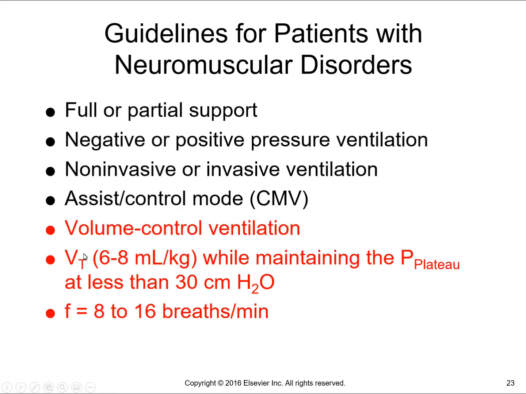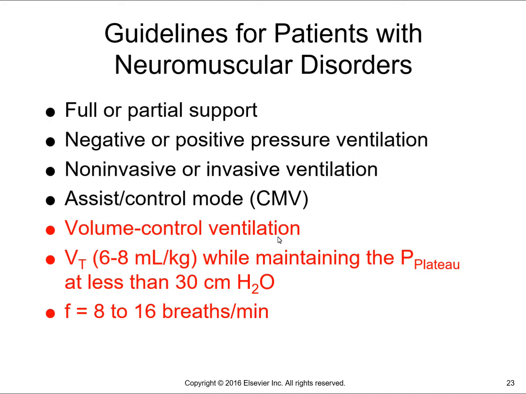Right? So we want volume control. Why? Because with neurological diseases, there's nothing wrong with the lungs. It's just the neurological pathways, or it could be the neurological part of the brain that tells the diaphragm to drop or the muscles to breathe, in terms of your chest muscles pulling the rib cage, all that stuff. It could just be some type of neurological disconnect. So that's why their lungs are fine.